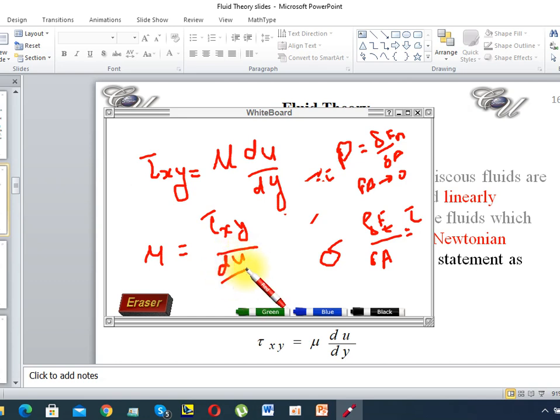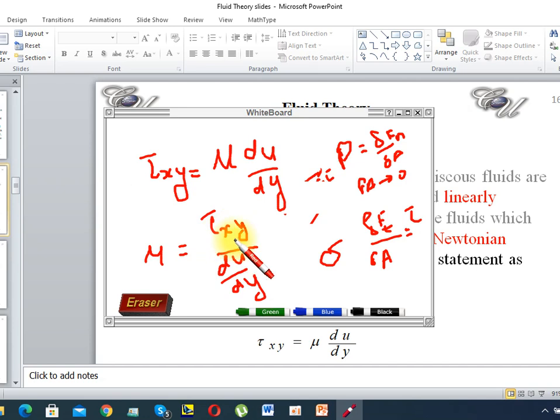So if I define the viscosity, what is viscosity? As we have already discussed theoretically, it is resistive to the flow. It is a property which resists the flow. But look at this one. It is a constant property which is the ratio of shear stress and shear strain.